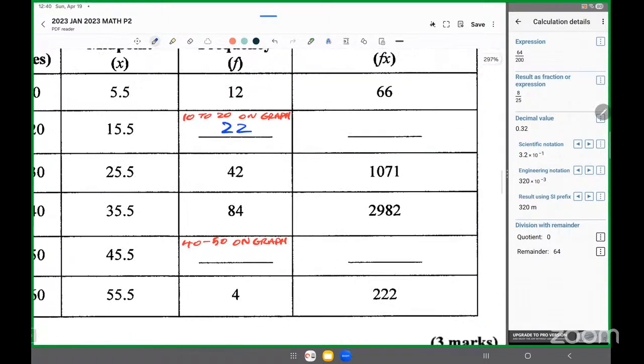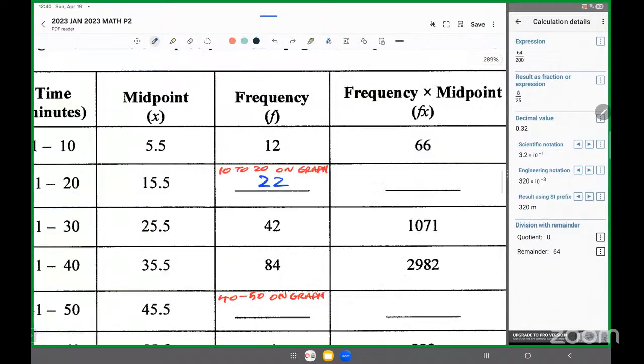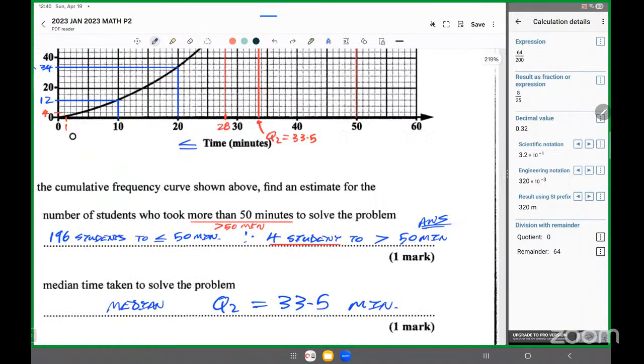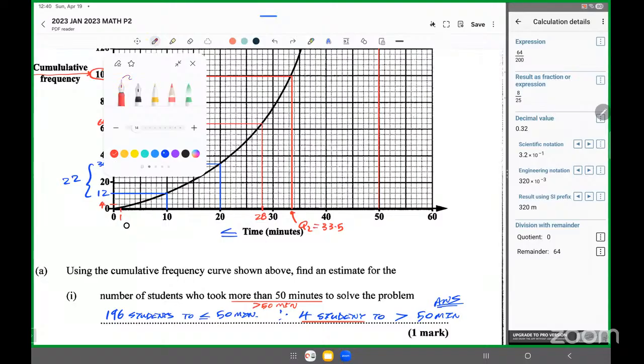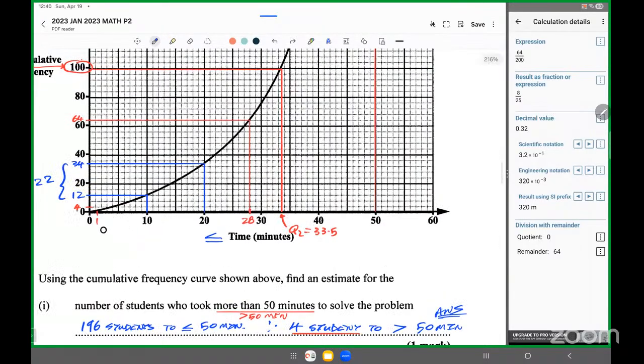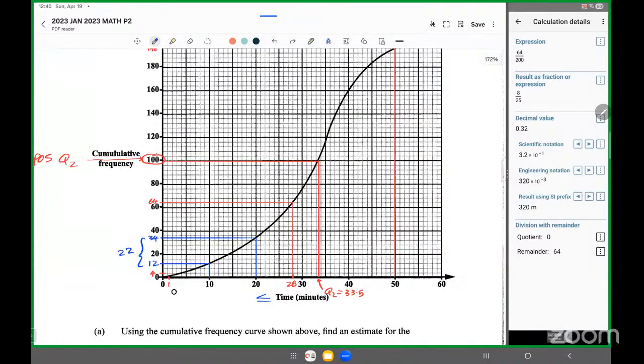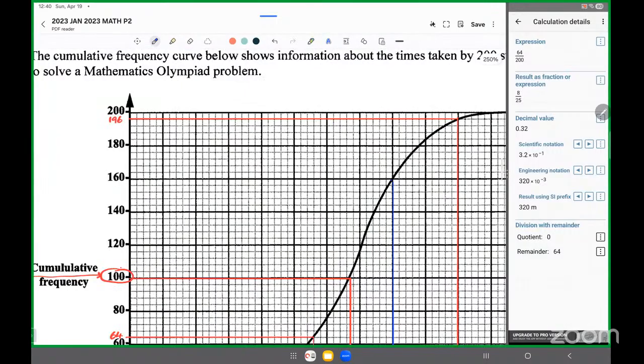Then the interval between 40 and 50 now. We already know what 50 is. 50 was 196. All right, let's put on the interval for 40. So for 40, it's right up to here, and come across right here, so 40 is a nice figure.